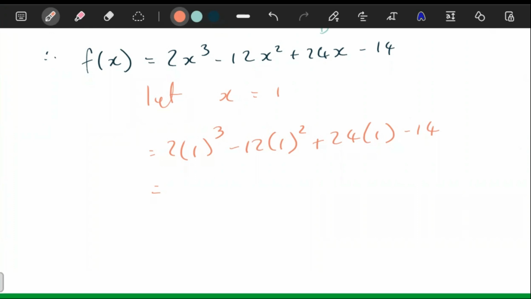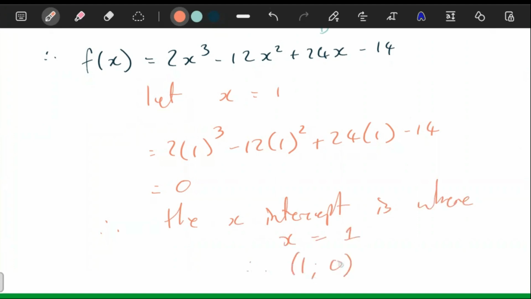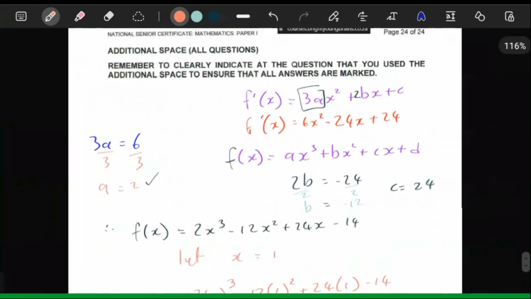So 2 times 1 cubed, 12 squared plus 24 with a 1 there, minus 14. Yeah, gives us a 0. So here you can say, therefore, the x-intercept is where x is equal to 1. So the x-intercept is a coordinate, remember. There you go. Woo!